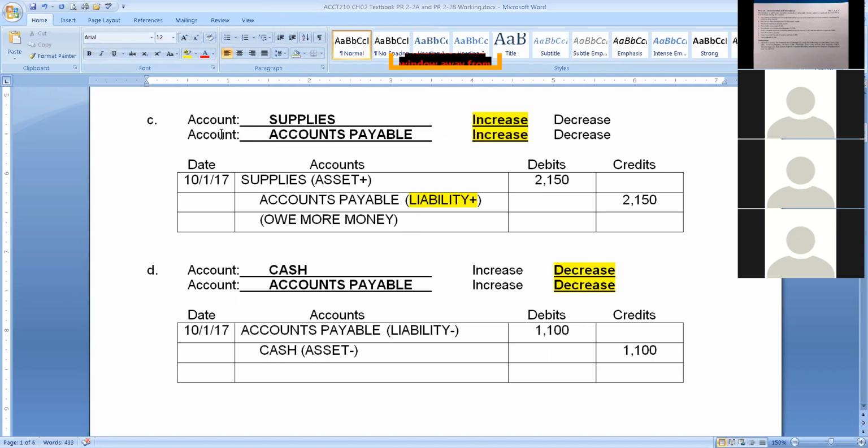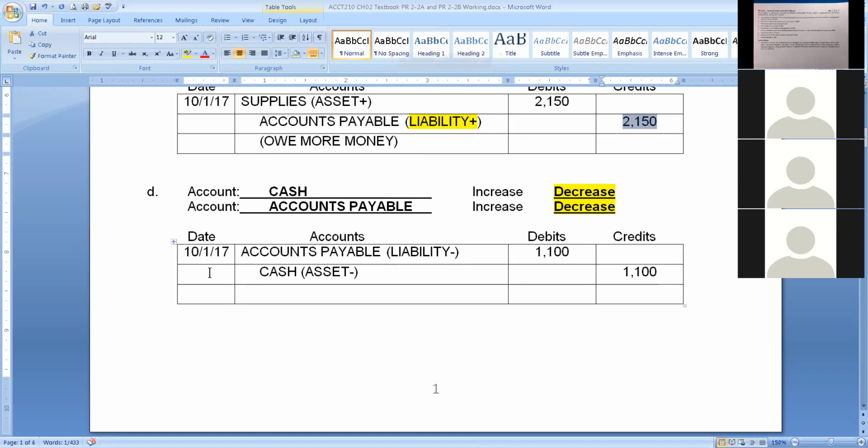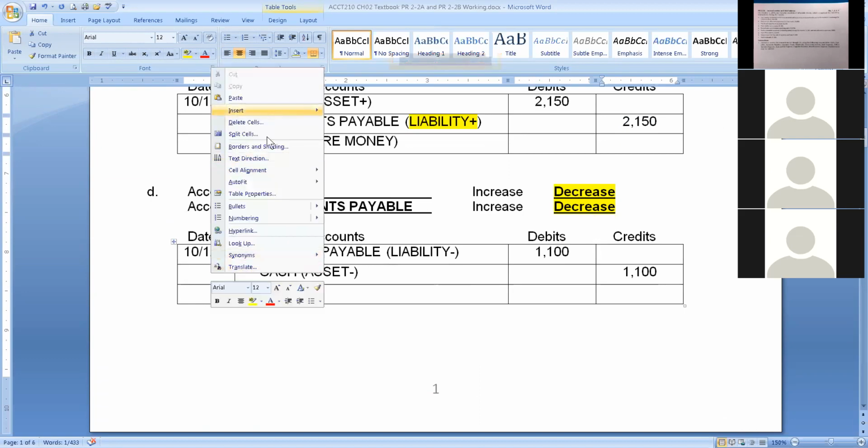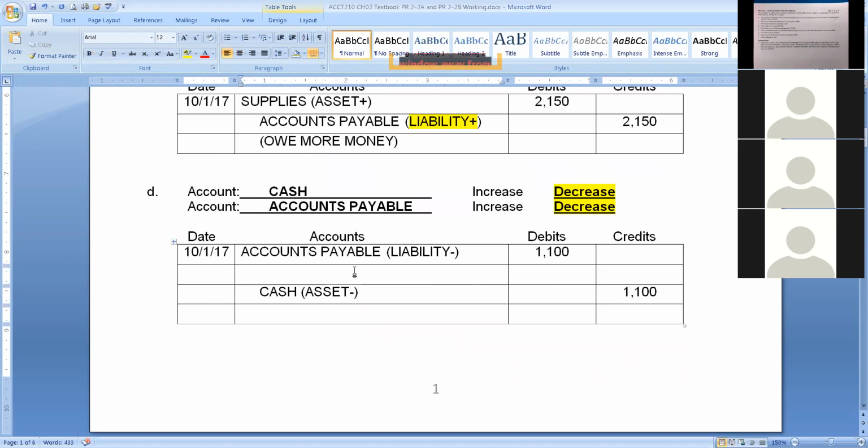So up here, our accounts payable went up. We owed more money. Down here, if you think about this liability going down, now we owe less money.